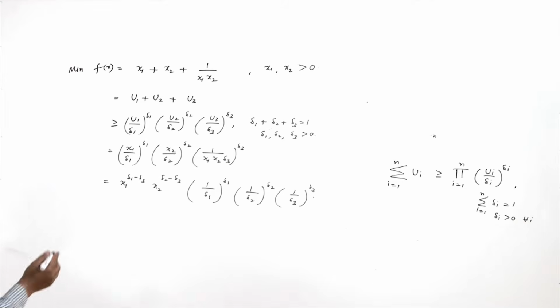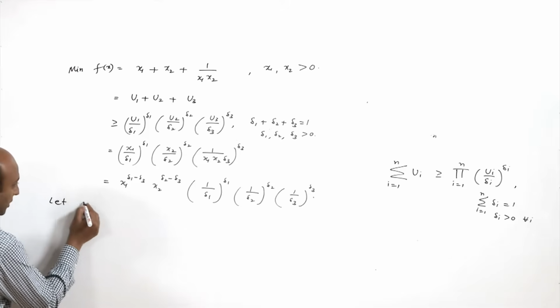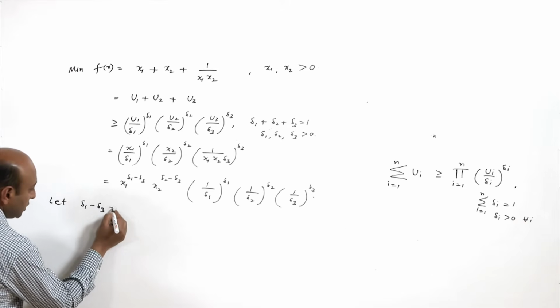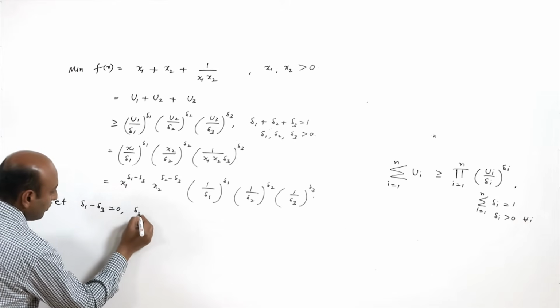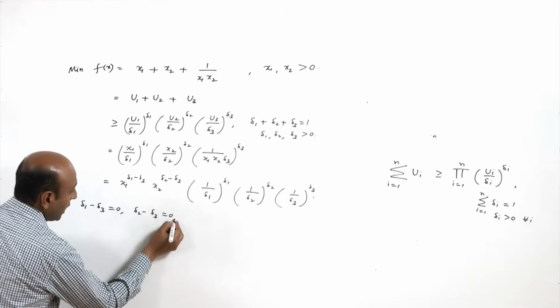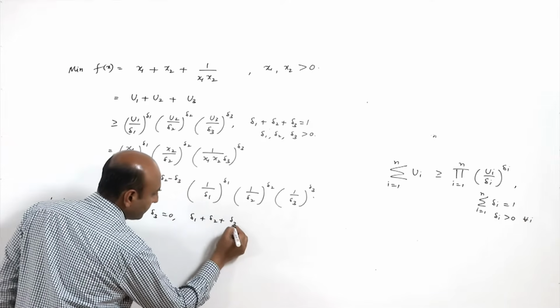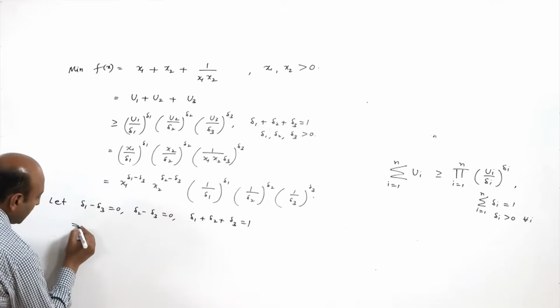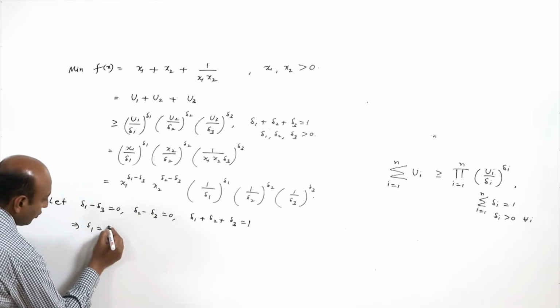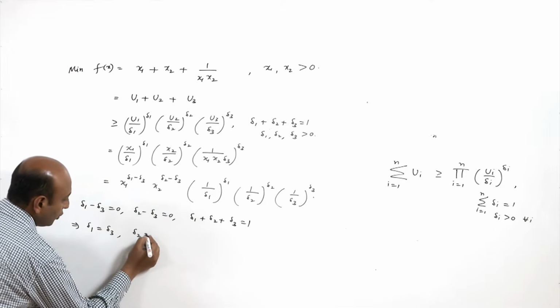So, let delta 1 minus delta 3 equal to 0 and delta 2 minus delta 3 equal to 0, and we know that delta 1 plus delta 2 plus delta 3 is 1. So, from here we obtain delta 1 equal to delta 3 and delta 2 equal to delta 3.